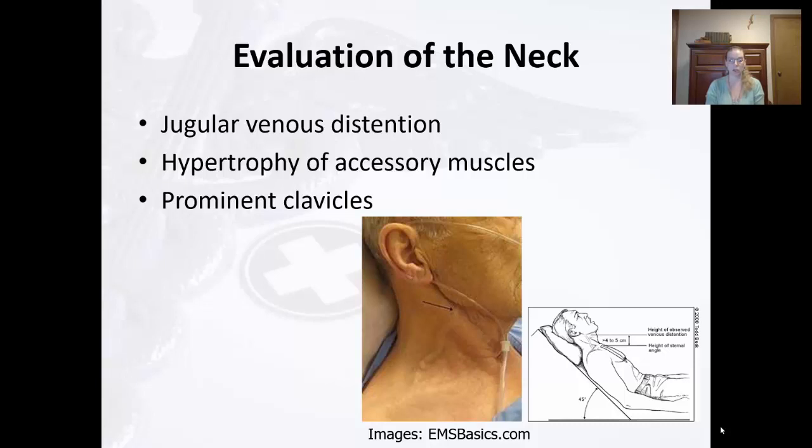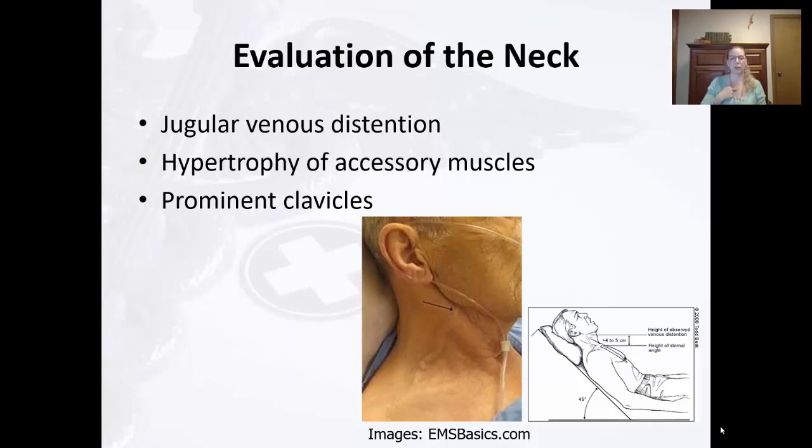You ask the patient to turn their head to the right, and you then look at the jugular vein. You want to find the uppermost or top portion of the vein that's pulsating, and then you go to the sternal notch here, okay? You want to find the angle of Lewis, or the sternal angle, which is about 2 fingers below the sternal notch. You should feel a ridge right there.